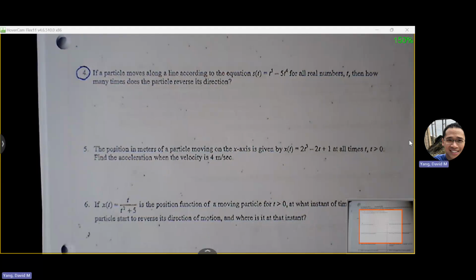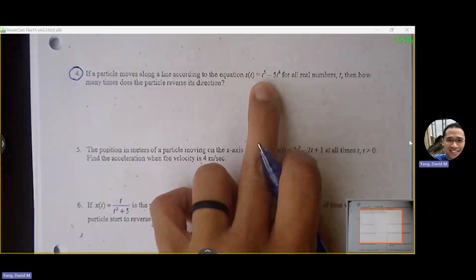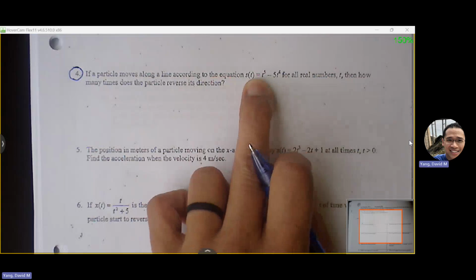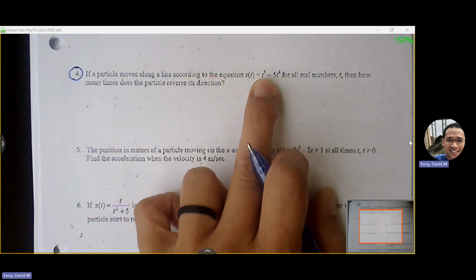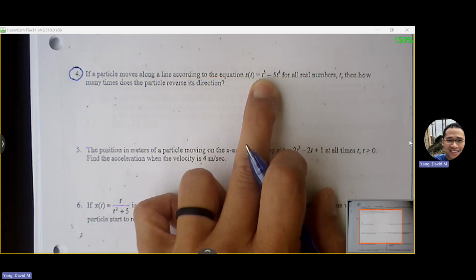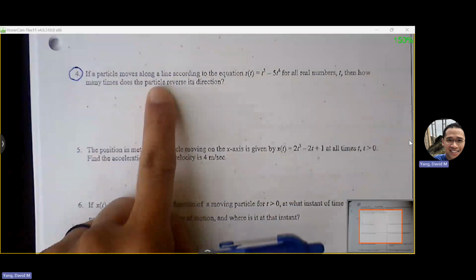It says, if a particle moves along a line according to the equation s of t equals t to the 5th minus 5t to the 4th. So we know that this object is moving left and right, and at any given time, it'll tell you where the particle is on that line, on that x-axis. How many times does a particle reverse direction?